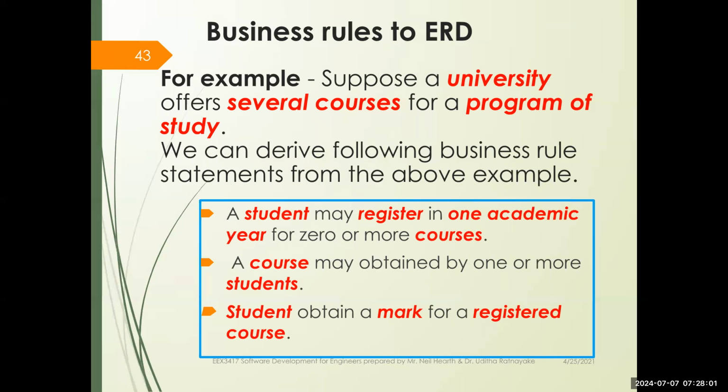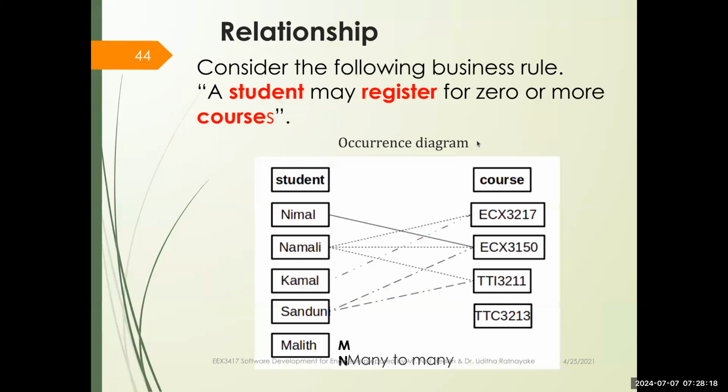A course may be obtained by one or more students, the other side. A student obtains a mark for a registered course. These are business rules. Relationship, I already explained it.